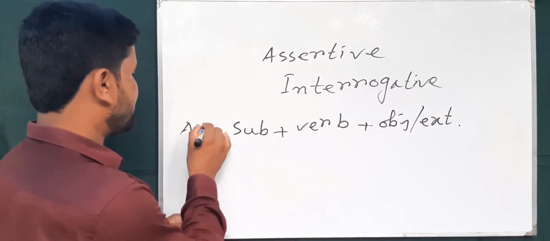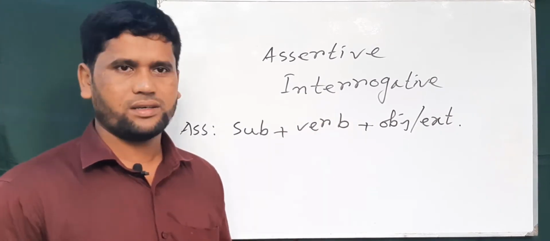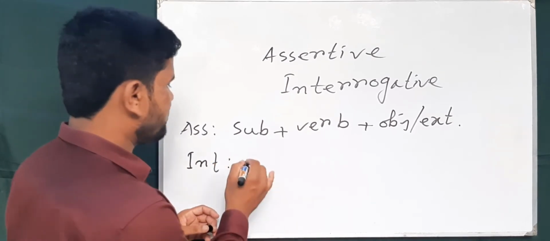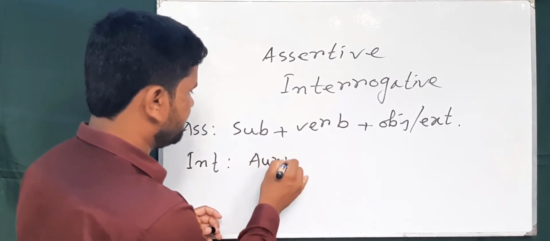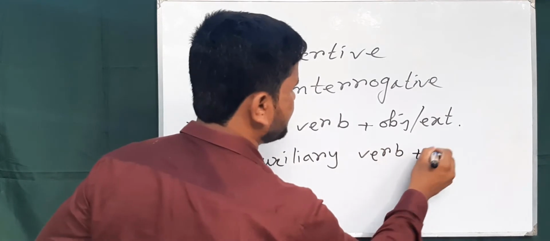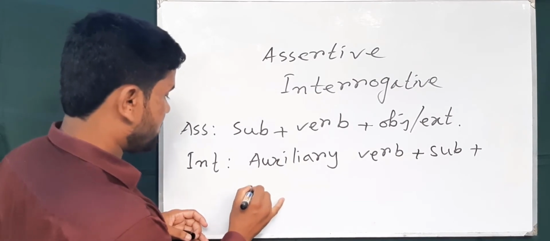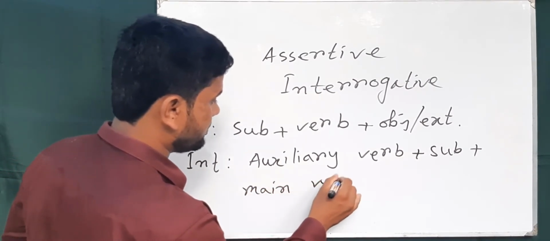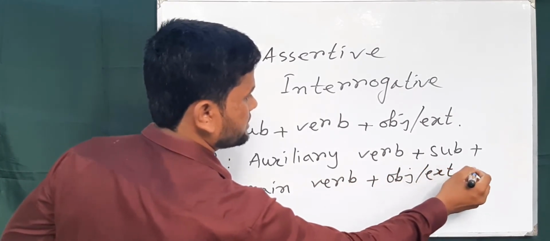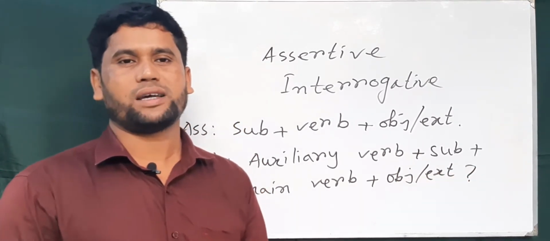So, an assertive sentence must start with subject, verb, but an interrogative sentence starts with auxiliary verb plus subject plus main verb, or main verb plus object or extension, and then at the end we find a note of interrogation mark.